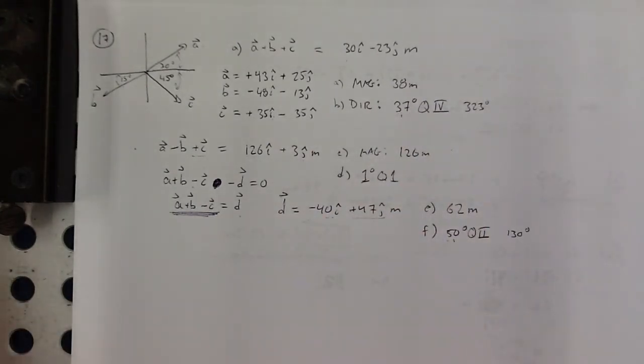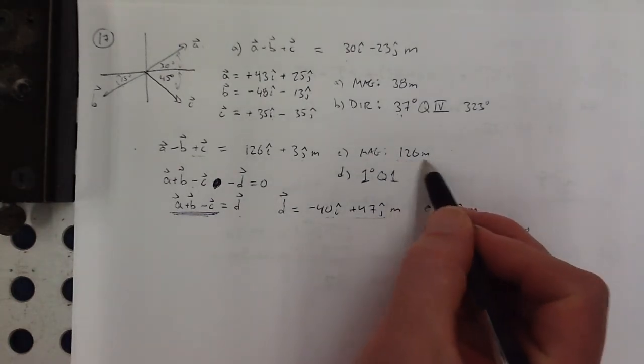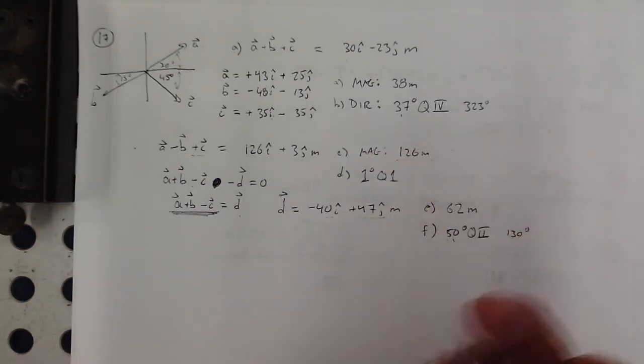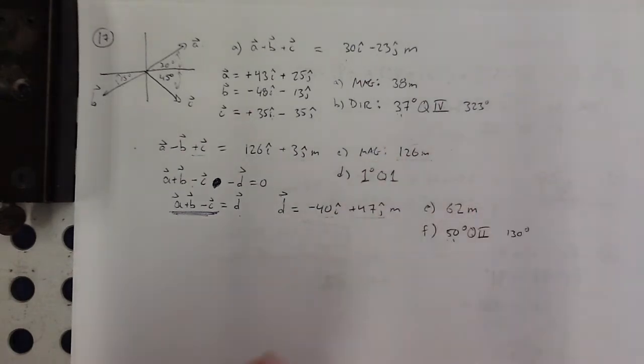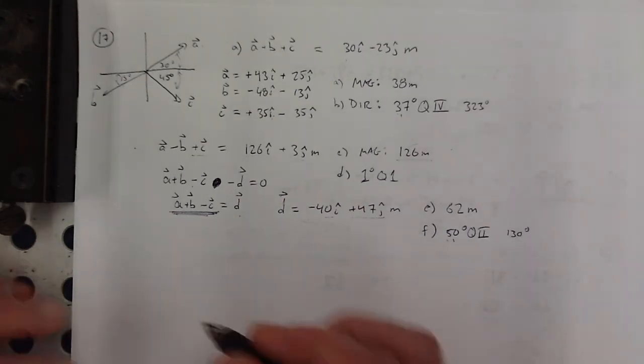And C, 130, they called it, and 1.2 degrees. So what they said is that it's 130 because they were keeping one less sig fig than us. So that's fine. That's never going to be a problem for you on any kind of assessment. And then 62 meters and 130 degrees. So all good. All right.